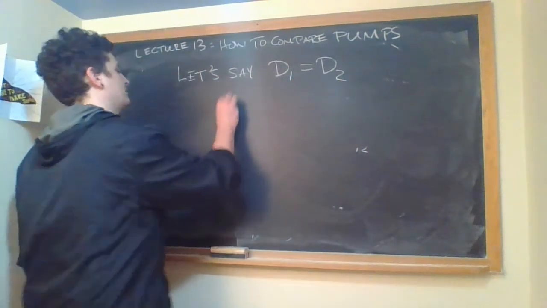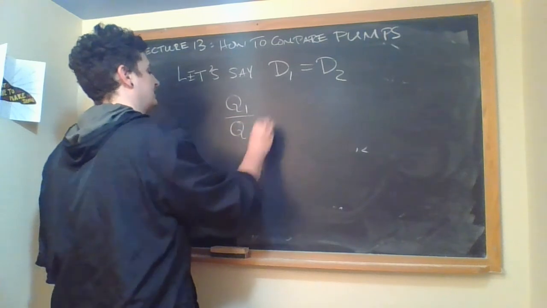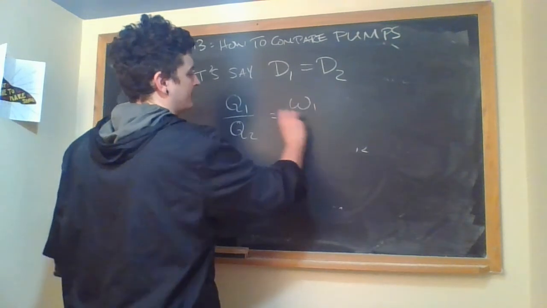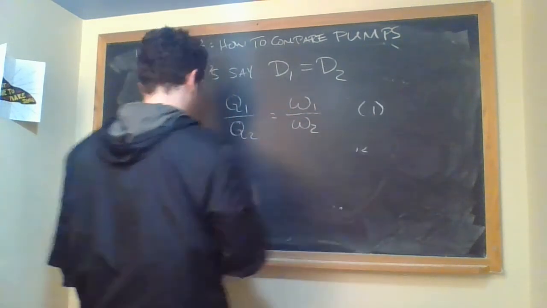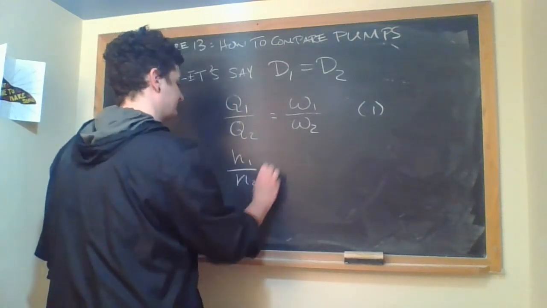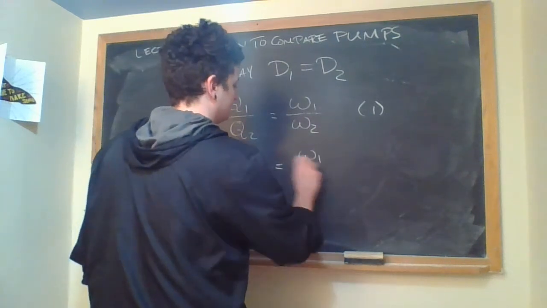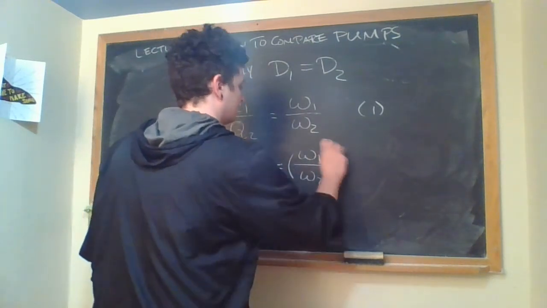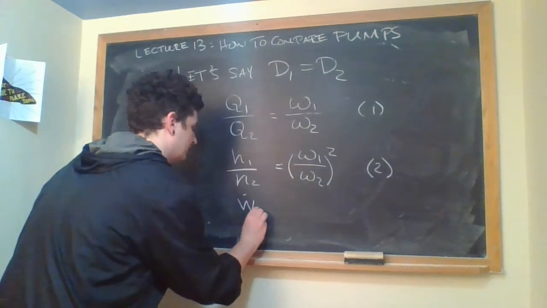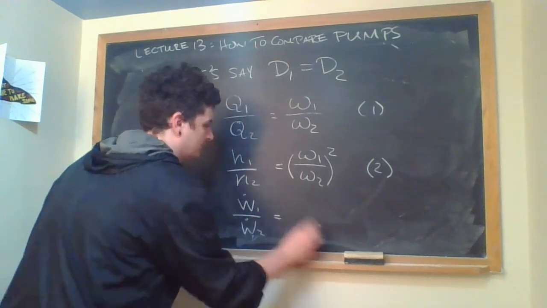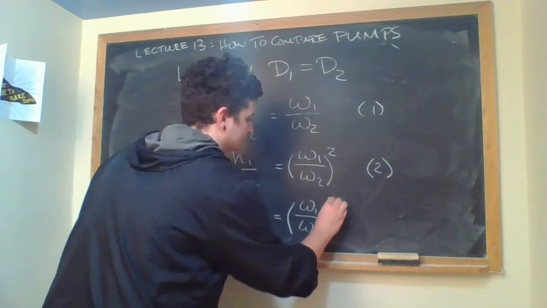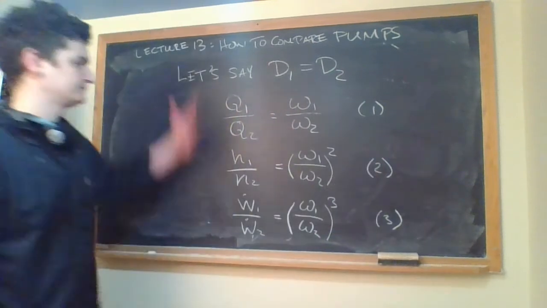If this is the case, you could get these relationships. These are the similarity laws, given the diameters are exactly the same. 1 is the ratio of flow rates. Then you have head rise of the pumps related to, and last you have, boom.